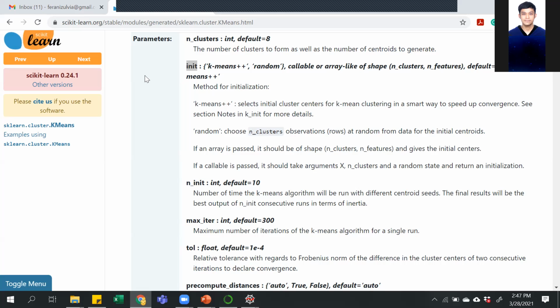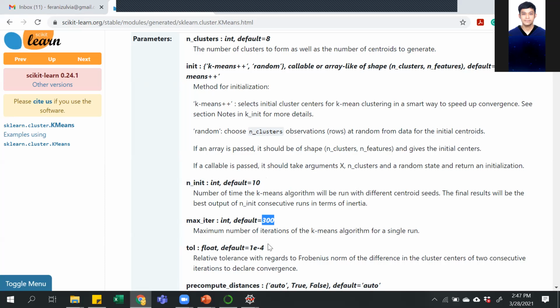Dr. Farah, for the iterations, would you recommend to only use the first one, k-means++, or the default 10 or 300? I mean, what would be best? You mean this one or this one? Yeah.